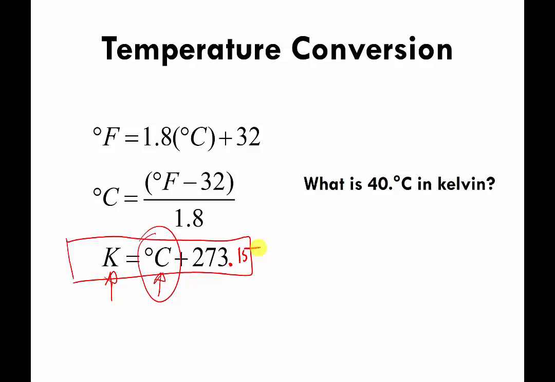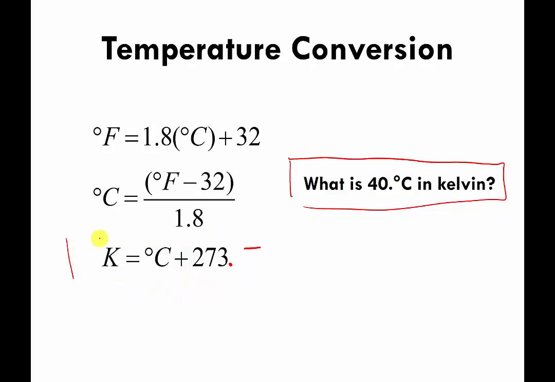Some examples of questions that you might get. What's 40 degrees Celsius in units of Kelvin? So we're going to have to use this bottom equation here. Let's keep the 0.15 because I'm extra nerdy. This decimal point here was to try to make sure that this has two significant figures. I'm not really going to care about that, so don't worry so much about that.